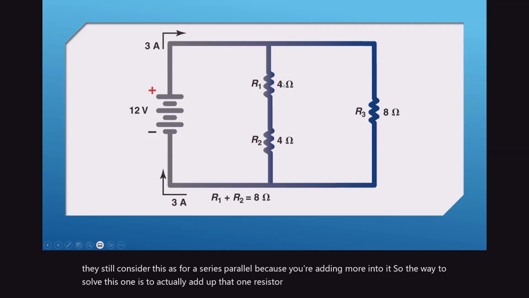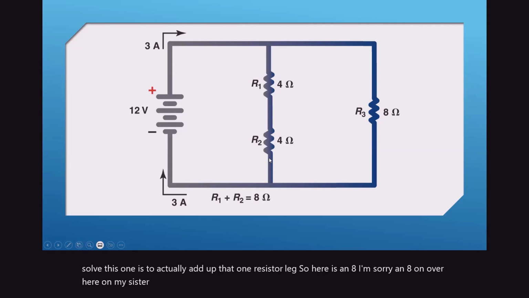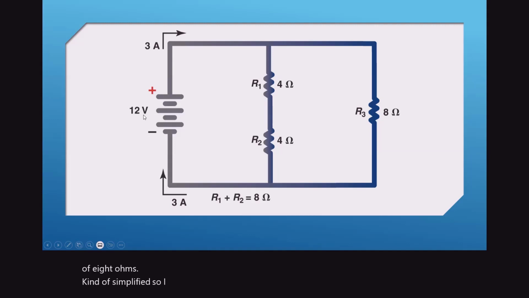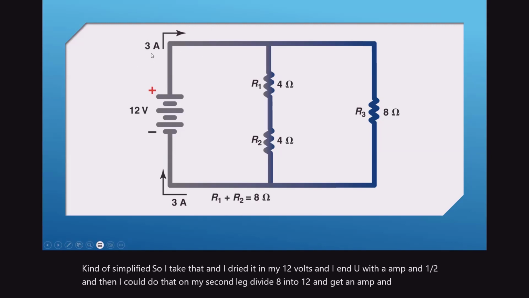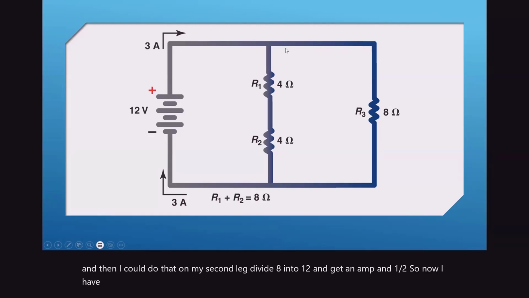So here is an 8 ohm over here on my resistor 3. I just add these 2 together and make it another leg of 8 ohms, kind of simplify it. So I take that and divide it into my 12 volts and I end up with an amp and a half. Then I can do that on my second leg. Divide the 8 into 12 and I get an amp and a half. So now I have 3 amps of total flow.